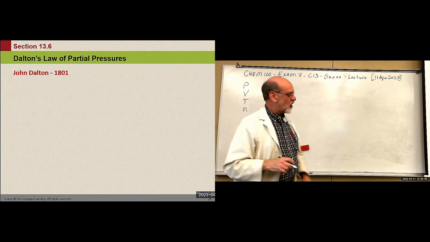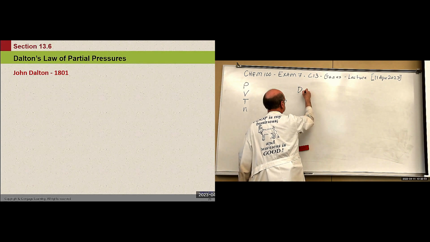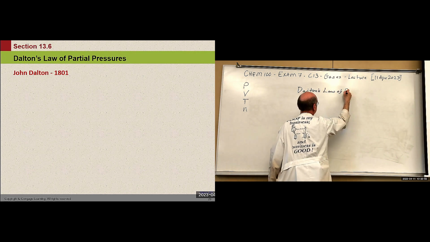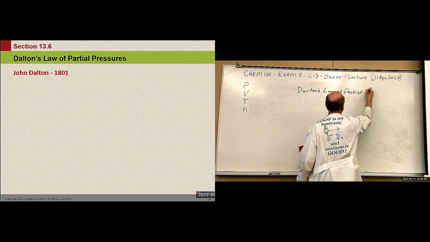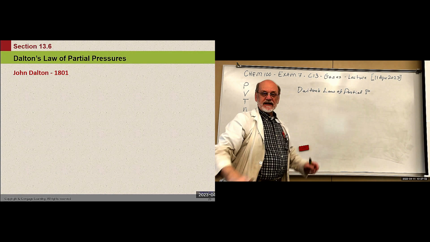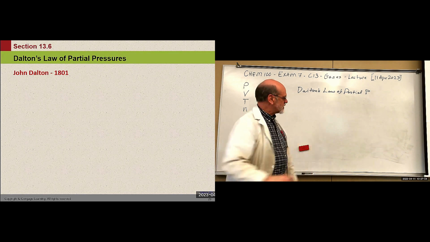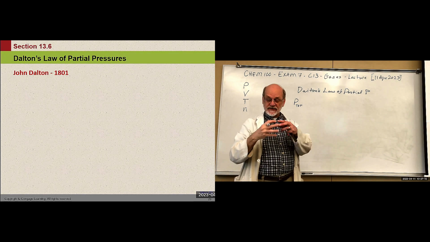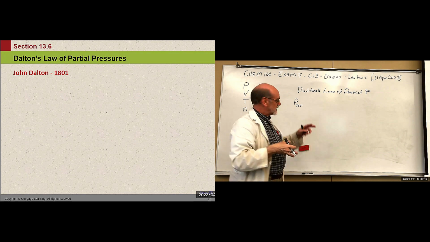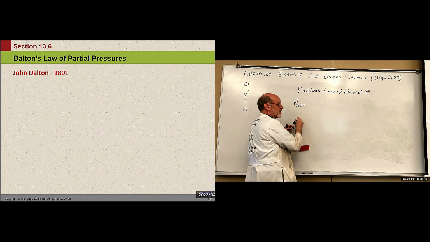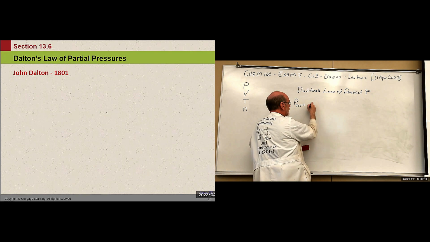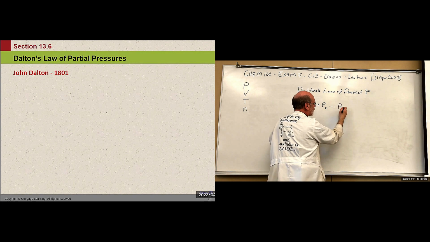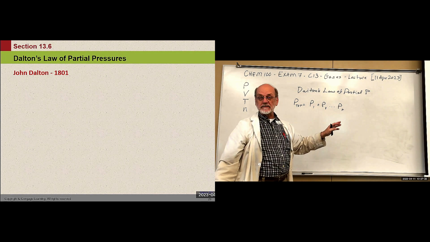And this is Dalton's law of partial pressures. It states that when you measure the total pressure of a mixture of gases in a container, that value you measure is actually the summation of the pressure of each one of the individual gases, all the way up to however many you have.